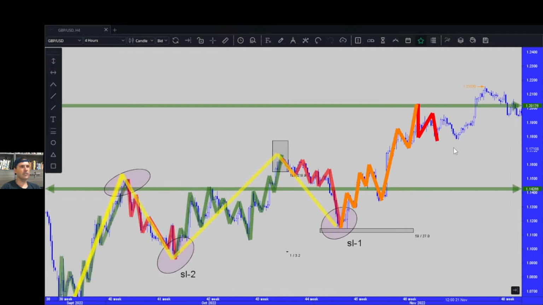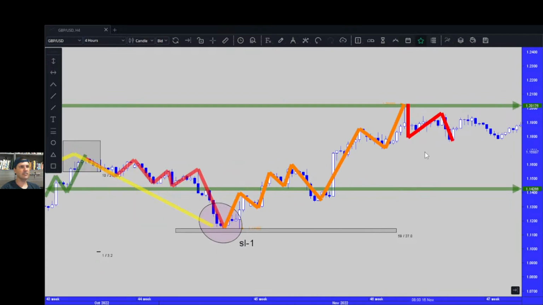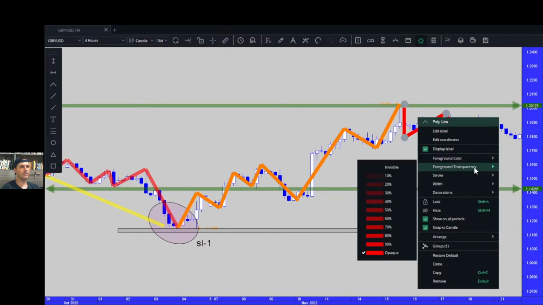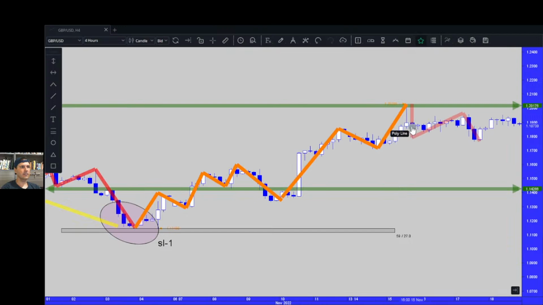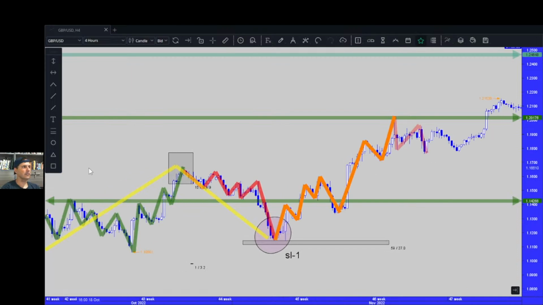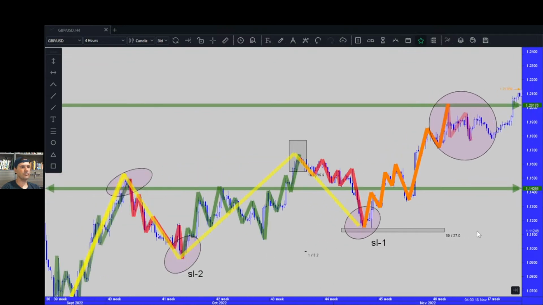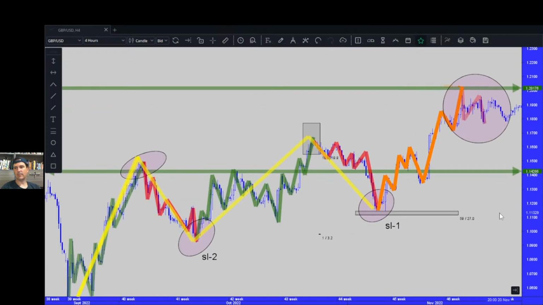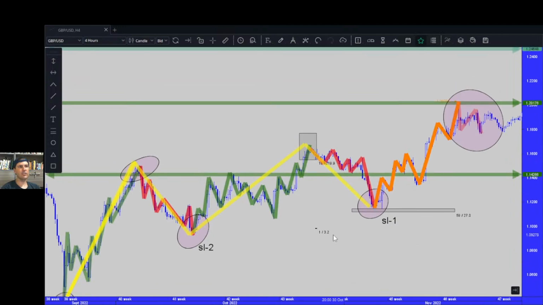So everybody, do we have lower lows, lower highs in here? Talking about the red one. High to low, low to high. Everybody, do we have a change in the short-term trend in here? Boss, it's just one. It doesn't matter. Do we have a change in the short-term trend?